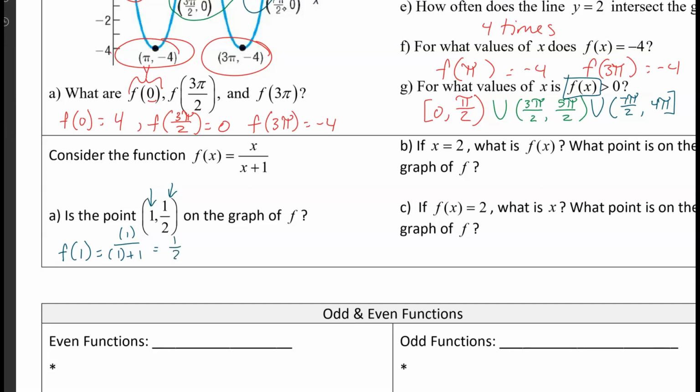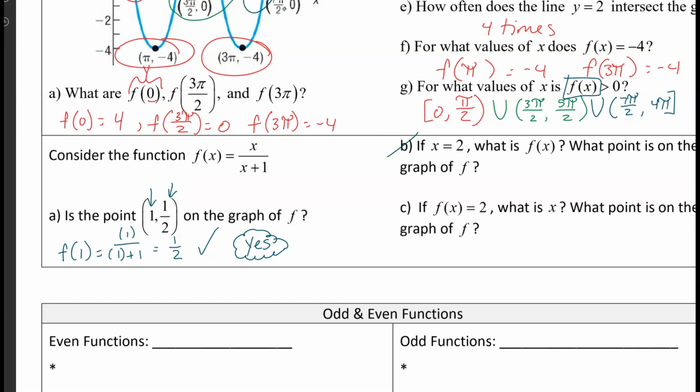Wonderful. Is that what we wanted? Yes. So what does that mean for us? It's true. The point 1 comma 1/2 is on the graph of f. I'm not going to do part B because it's exactly the same as part A.